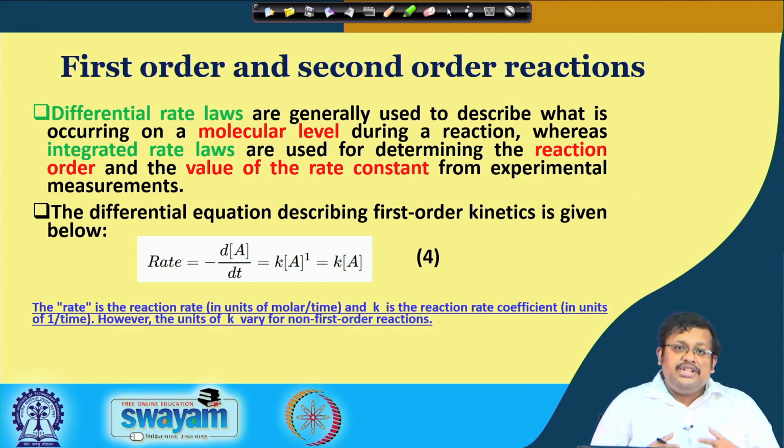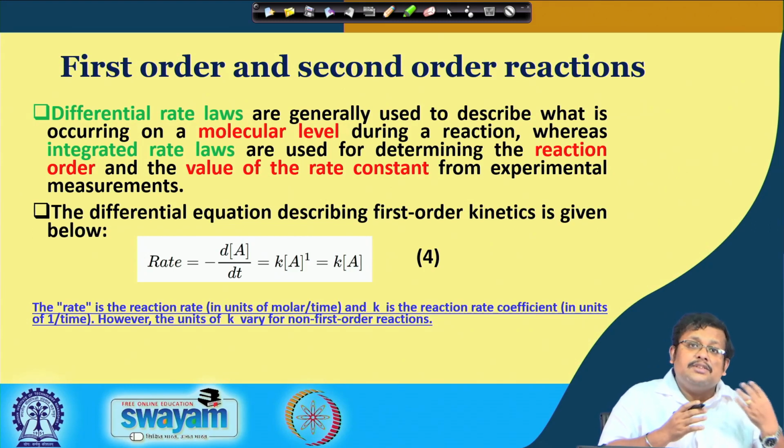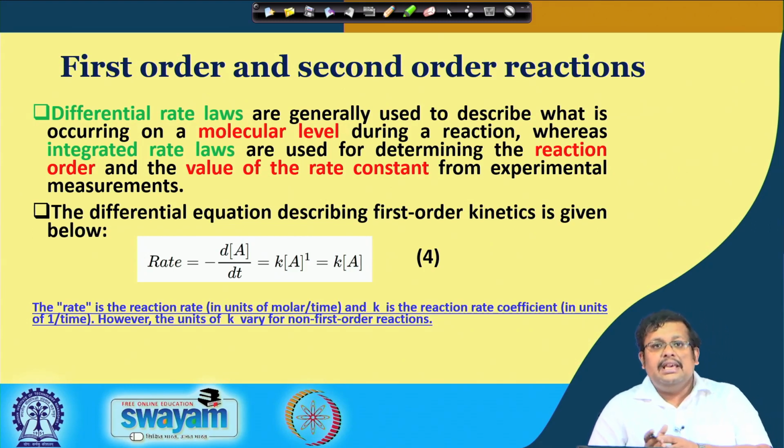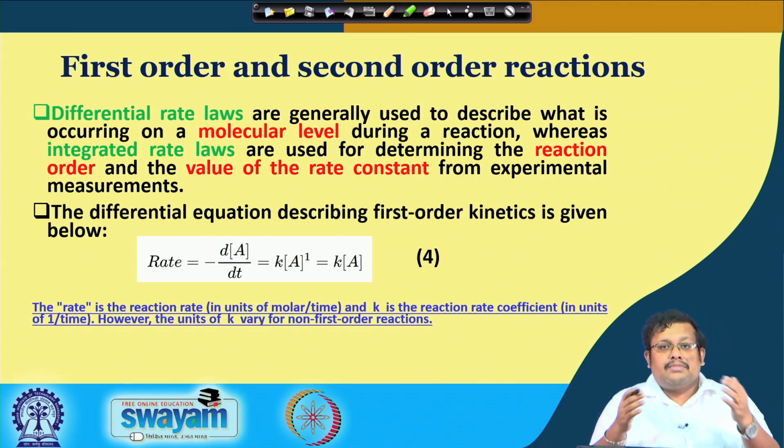The differential form describes what is going on at the molecular level during a reaction, whereas the integral form, which we will see right now, is used to determine the reaction order and the value of the rate constant.